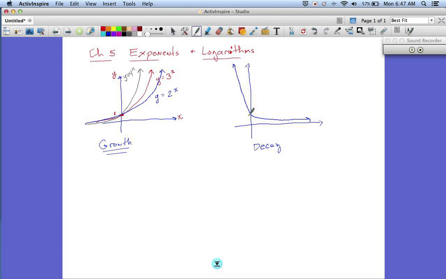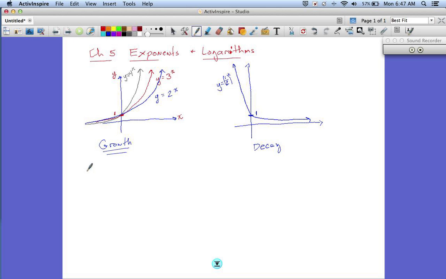And this again would be a 1 here. That might be something like y equals (1/2)^x maybe, or (1/3)^x. And I should say 1/2 to the x, or 1/3 to the x, right? You're constantly cutting something in half, is what's happening there.